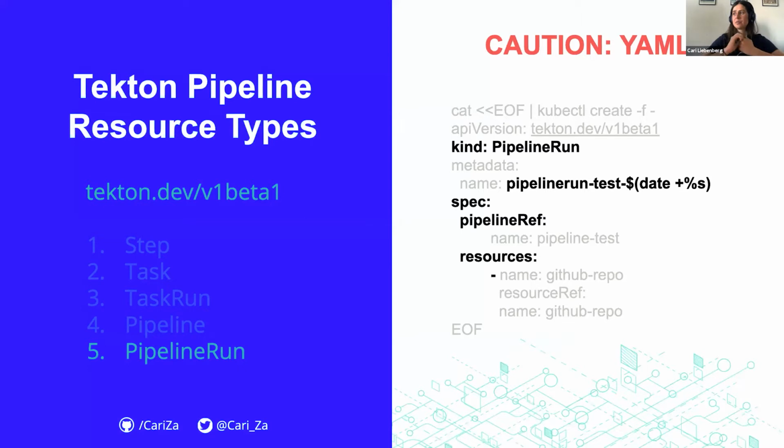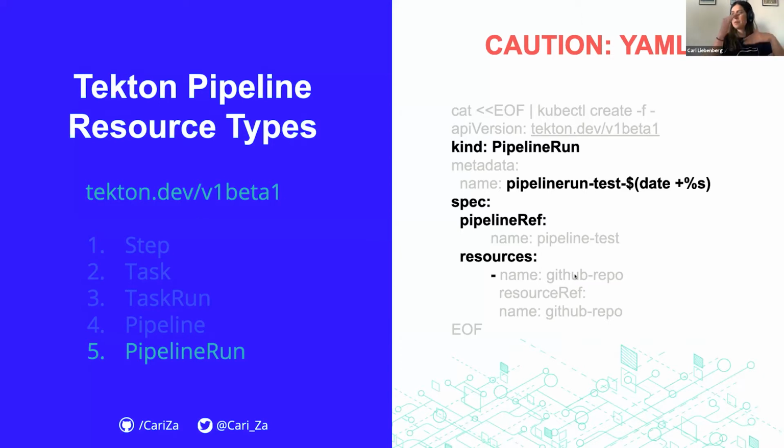And you actually do that from the pipeline run side. Similar to how a task run runs a task, the pipeline run is what triggers the pipeline to run. And also it has to be uniquely named. You'll specify the pipeline ref so that it knows what pipeline to trigger. And from this layer, you will pass it the resources. For example, I have a pipeline resource that I passed down, which is the GitHub repo.